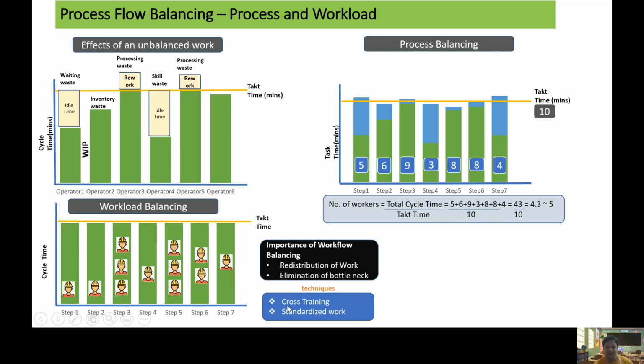Another technique is having standardized work, so that when they are distributed in different steps, all the operators perform the same set of activities and create the same product at the end of the process. These techniques are very important for success in workload balancing.